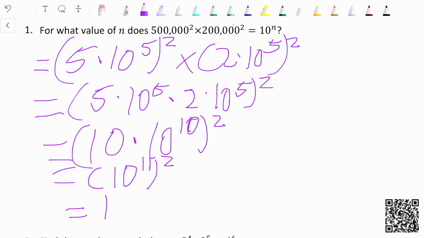So if we combine the 11 and the 2, multiplication, this would equal 10 to the power of 22. So n equals 22.